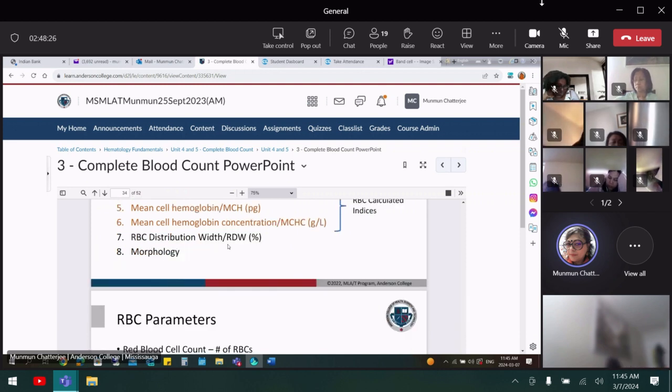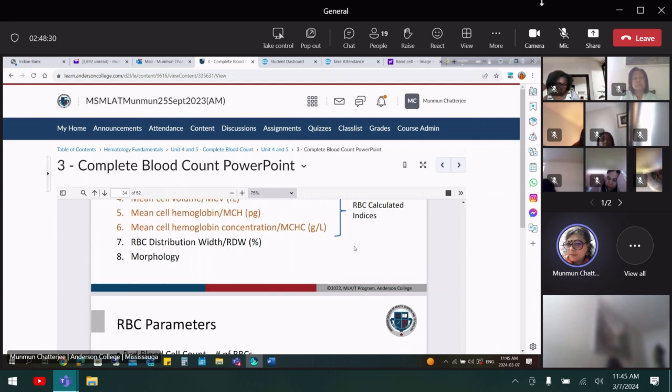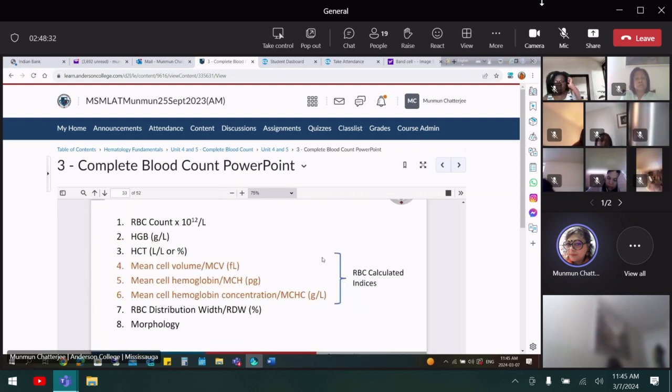RBC distribution width, how much is the percentage, and then the morphology. These are called the RBC indices, as I told you before. This is the RBC count, this is the hemoglobin, this is the hematocrit. But what are the RBC indices? They can give you the options MCV, hemoglobin, or RDW.